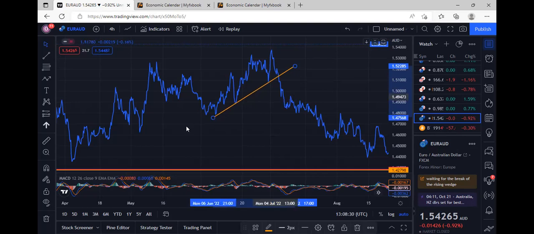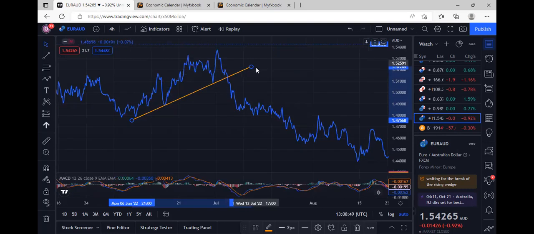So the market was moving up, making a series of higher lows and a series of higher highs. So the market was moving up.